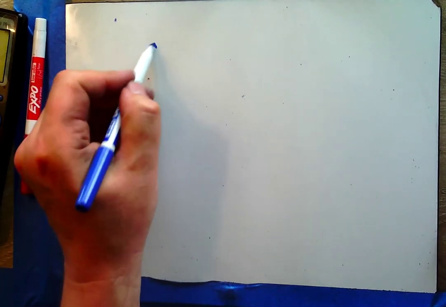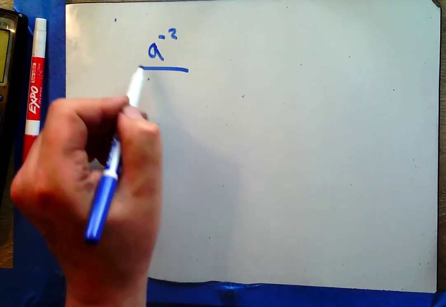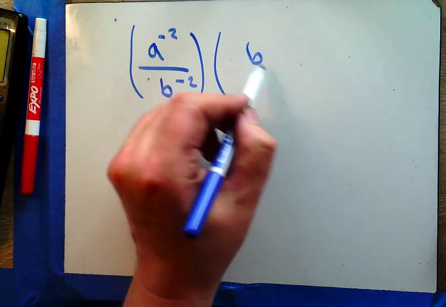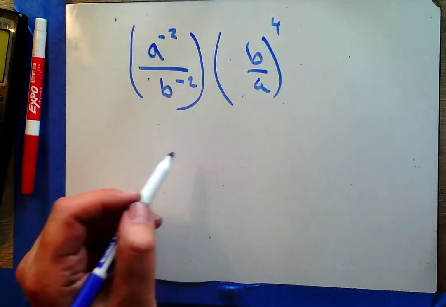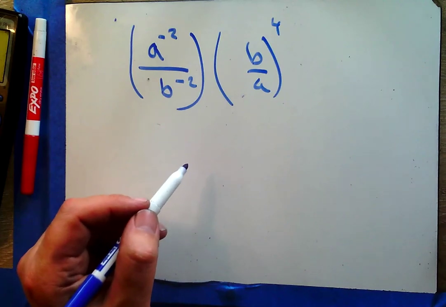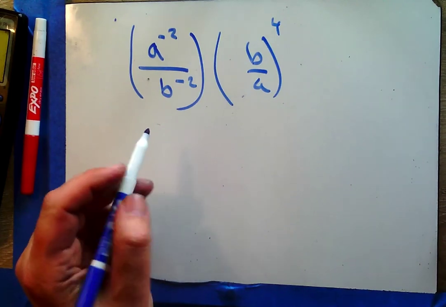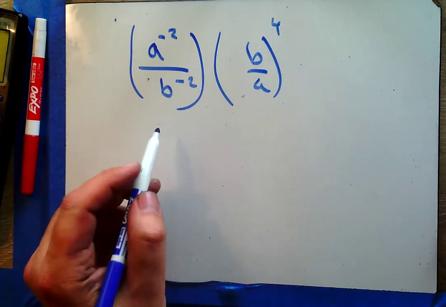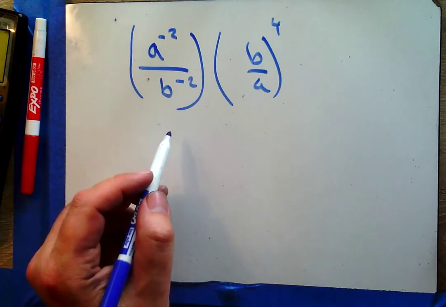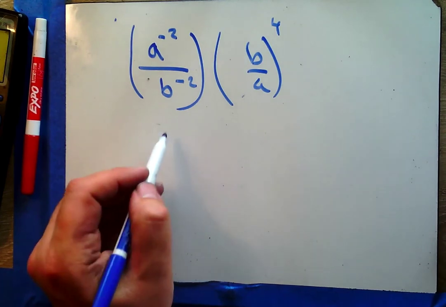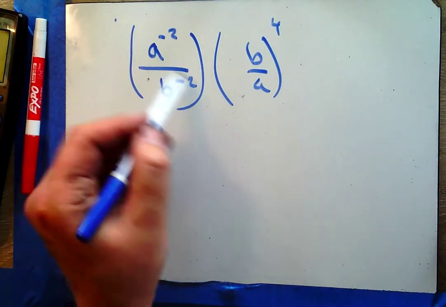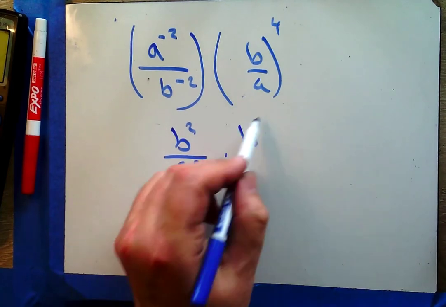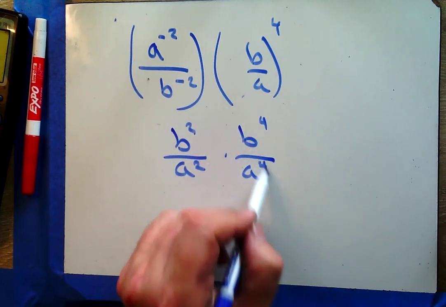Okay, so how about this one? a to the negative 2 over b to the negative 2 times b over a to the fourth. All right, so if you were moving these, you had b squared, a squared times b to the fourth, a to the fourth.